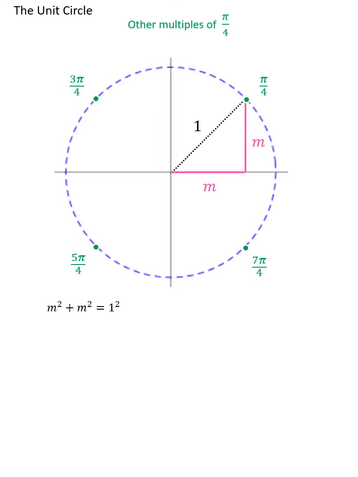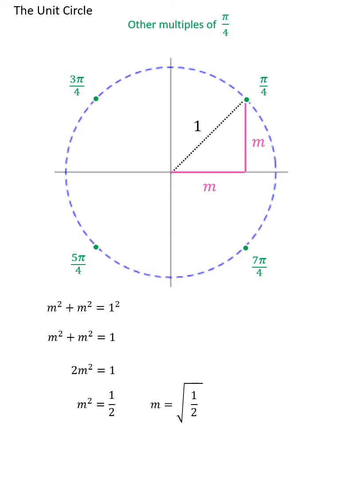And watch now as I do some algebra to solve for m. 1 squared is 1. m squared plus m squared is 2m squared. And to solve for m, I decided to divide both sides by 2. To further solve for m, I decided to take the square root of both sides.